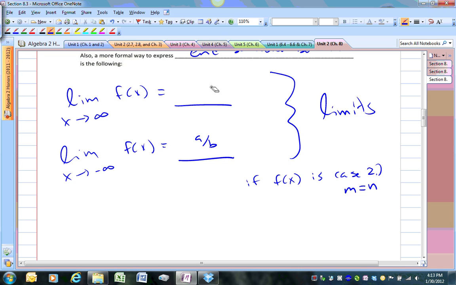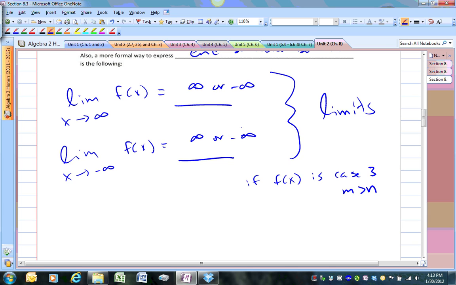And lastly, if we have case 3, when m is larger than n, this will be a little tricky. Because there's no horizontal asymptote, the y values approach infinity or negative infinity.